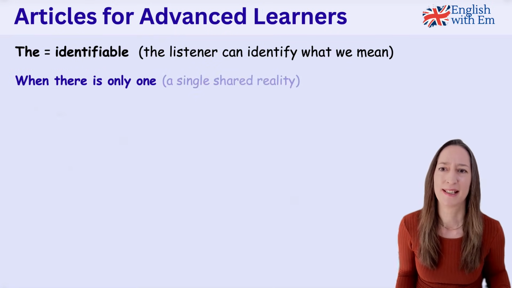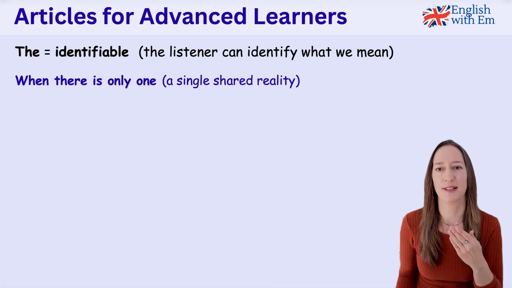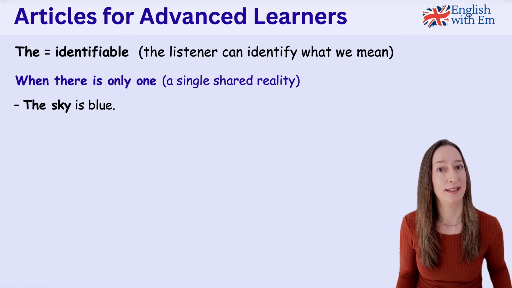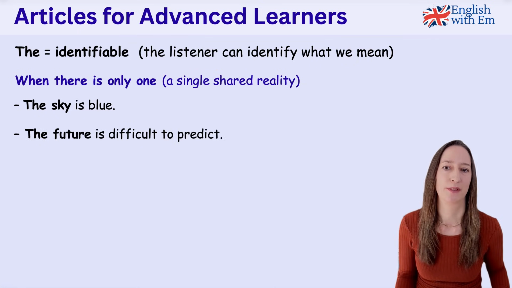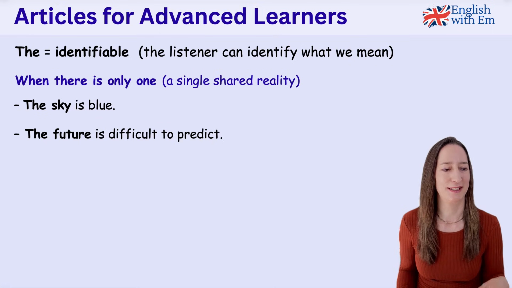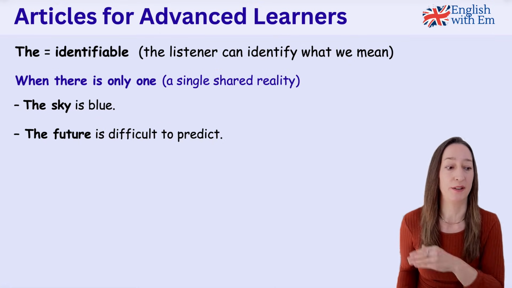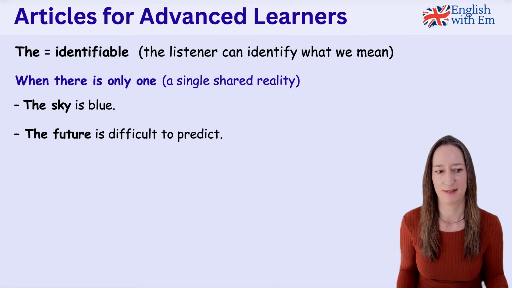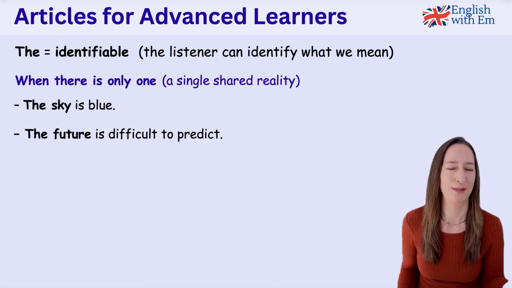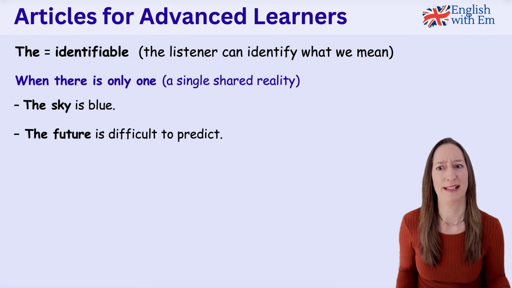Let's compare this with only one as a single shared reality. The sky is blue. The future is difficult to predict. So these things, we conceptualize as there being only one that we all share. Like the sun, the moon, the world, the environment as well. There are many.